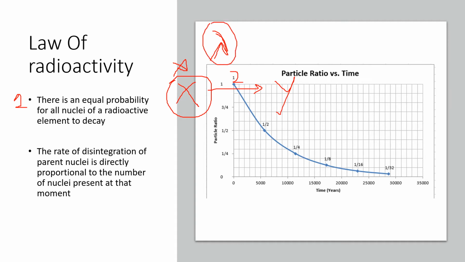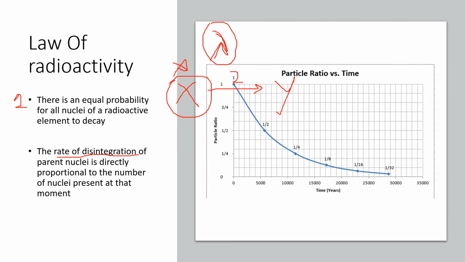And the second part of law of radioactivity states that the rate of disintegration of parent nuclei is directly proportional to the number of nuclei present at the moment. So rate of disintegration, whenever rate is associated, we will assume that time is into play. And rate of disintegration of parent nuclei here means the amount of parent nuclei that is going to disintegrate.